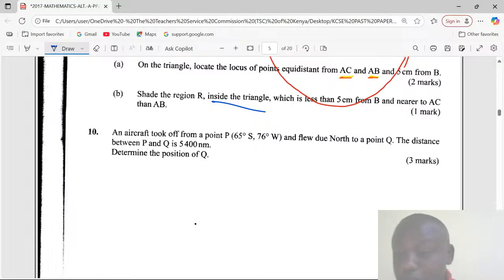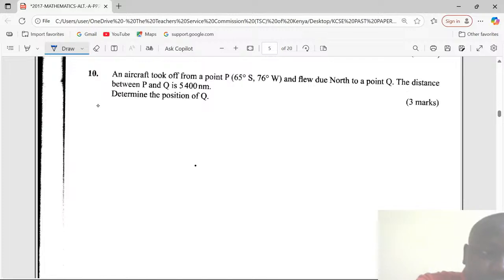Determine the position of Q. Very good question. So let's see. We're going to apply the formula that governs distance when it comes to this topic.